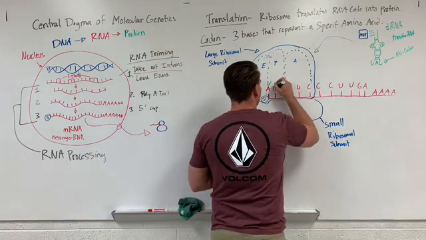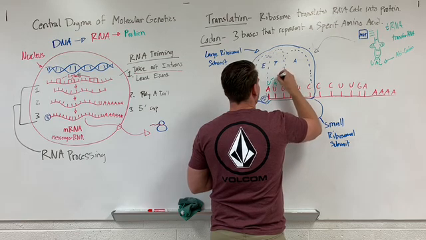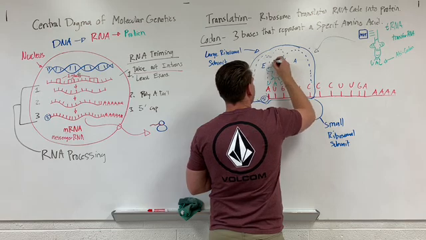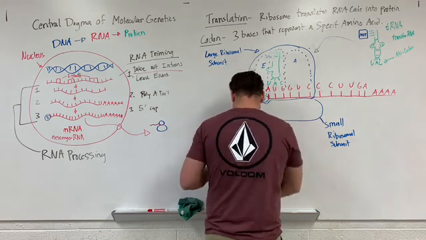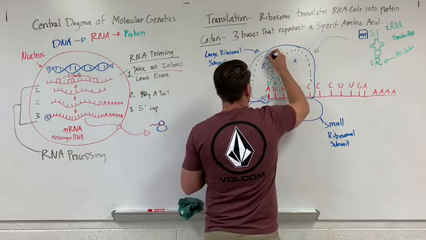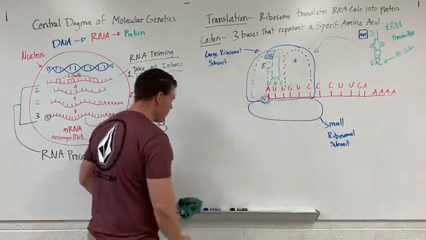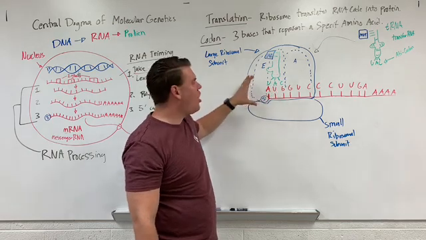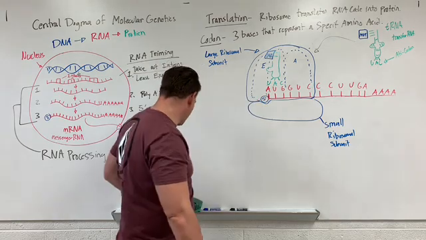So UAC, boom, boom, boom, and it's going to put it inside this P site. So it's going to bring that amino acid here. So this is how our ribosome starts to translate this code, by bringing these tRNAs.